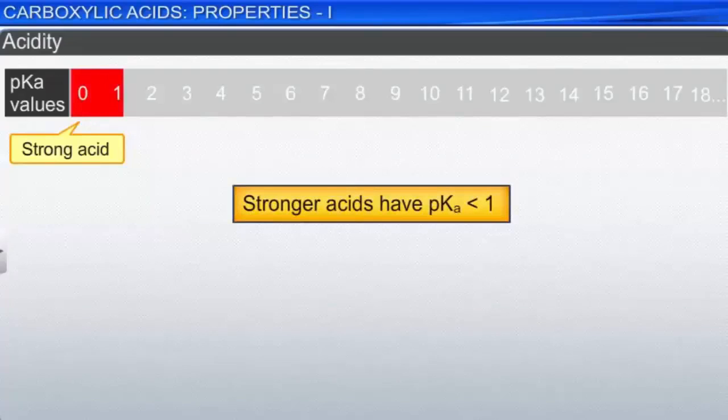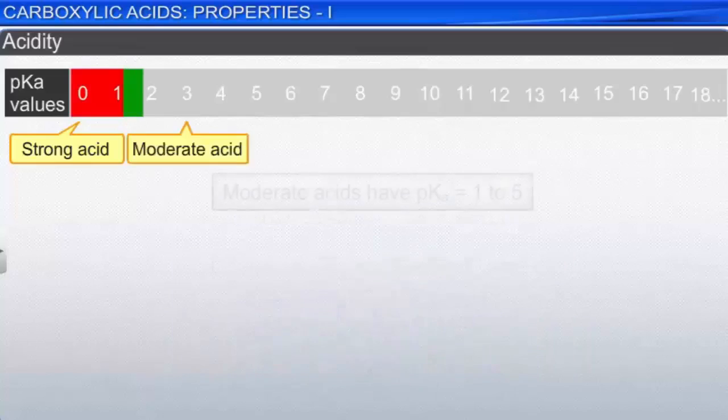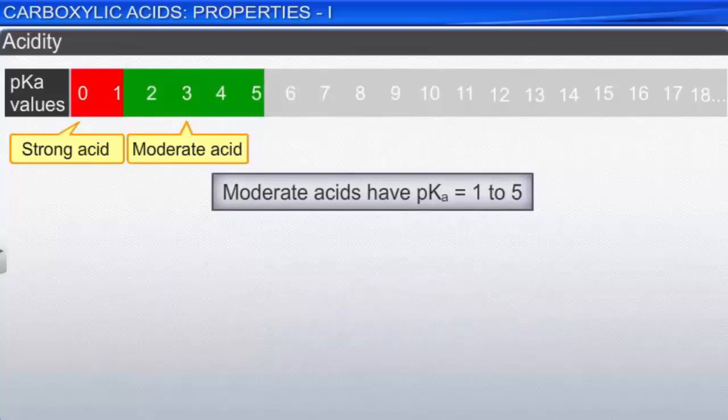Stronger acids have pKa values less than 1. For example, trifluoroacetic acid with a pKa value of 0.23 and trichloroacetic acid with a pKa value of 0.65 are strong acids. Acids with pKa values between 1 and 5 are considered moderately strong.